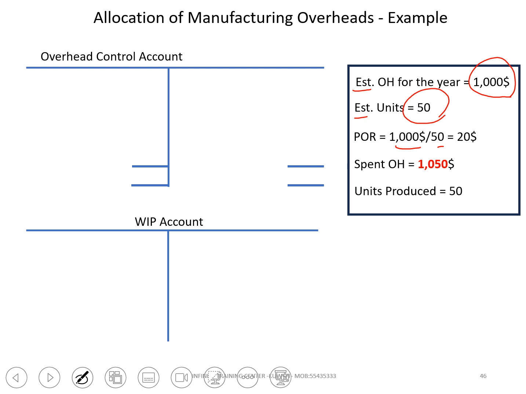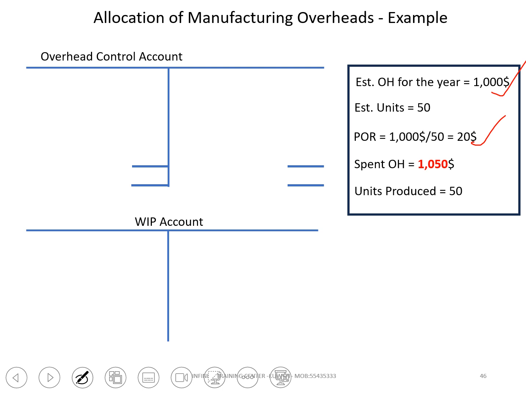Because here we are considering the allocation base as the number of units. And we got $20 per unit. So this is supposed to be our overhead rate per unit. This is what POR actually is, the predetermined or estimated overhead rate. So you are expected to spend $1,000 and POR is $20.